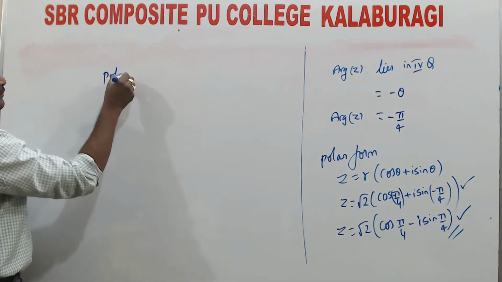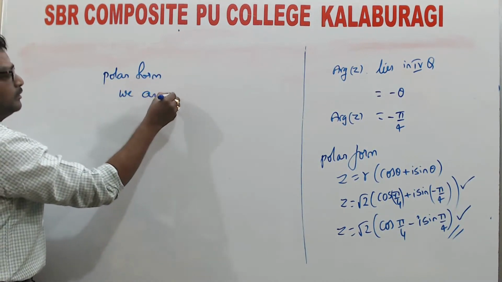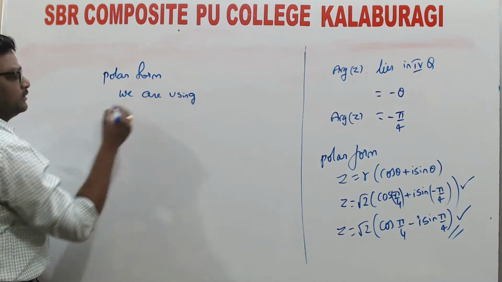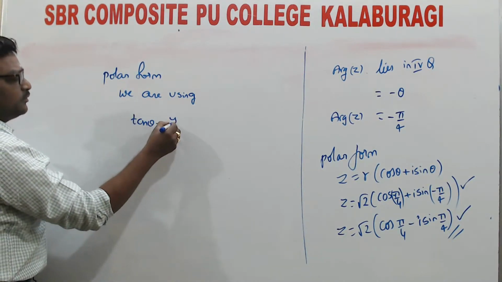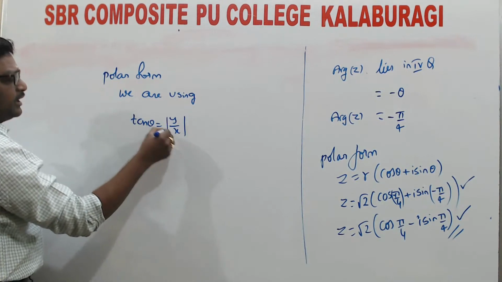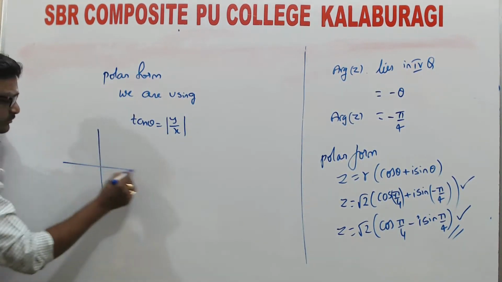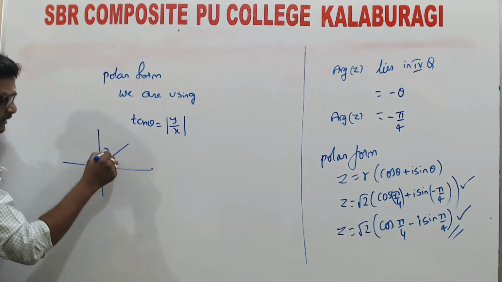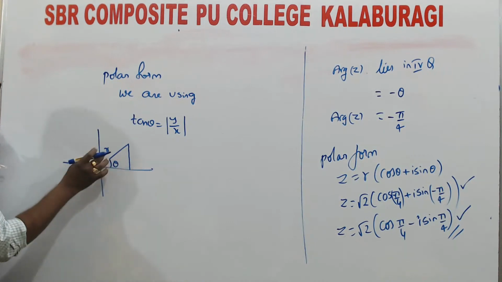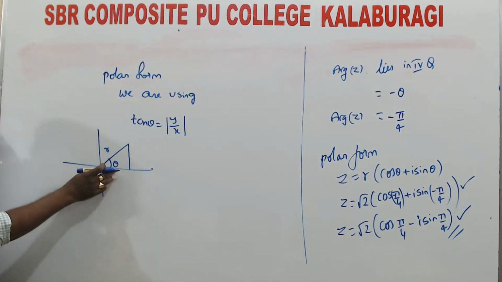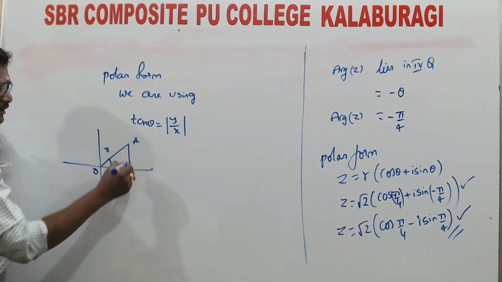In polar form, we are using tan theta equals modulus of y divided by x, converting into the first quadrant. If you see the diagram, this is r, this is theta. Distance we are taking as r, angle we are taking as theta.